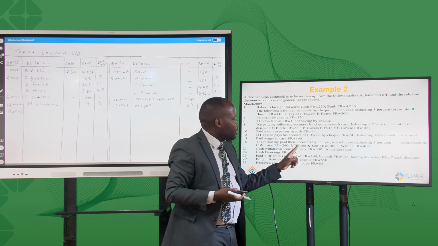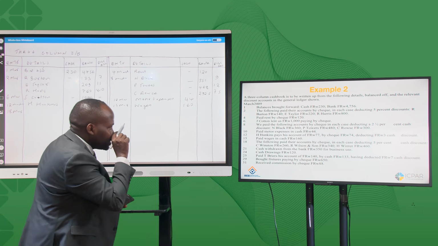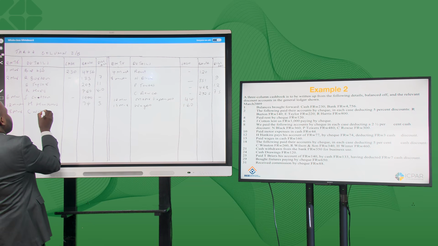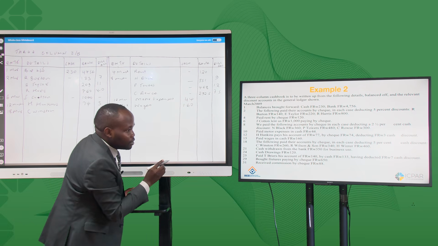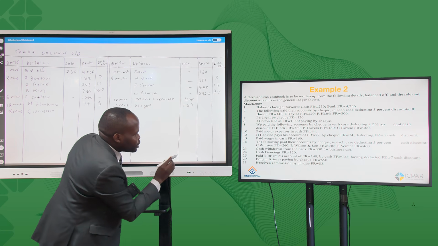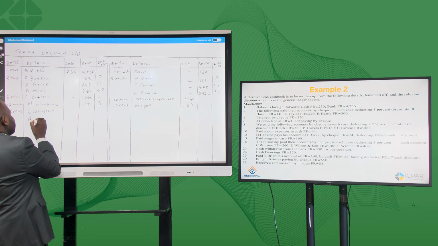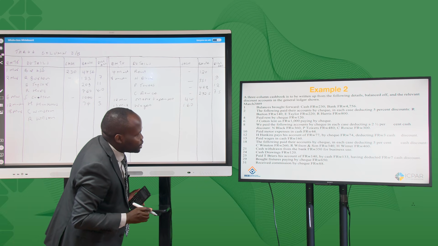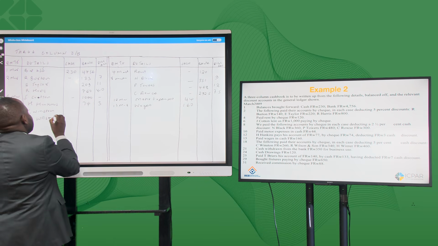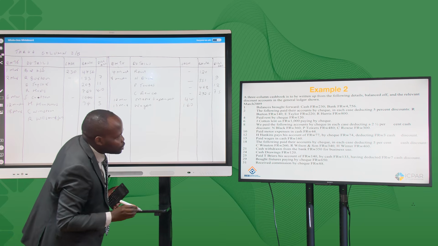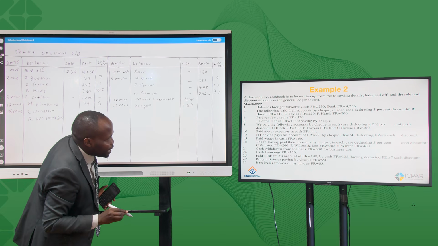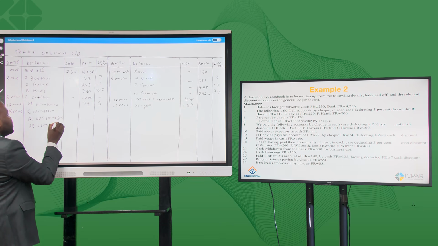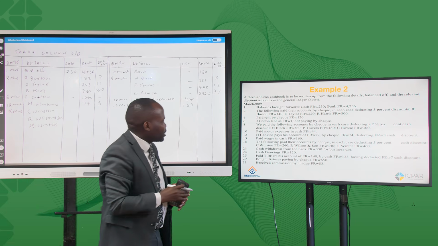C. Winston, R. Wilson, and H. Winter. So what were the amounts?